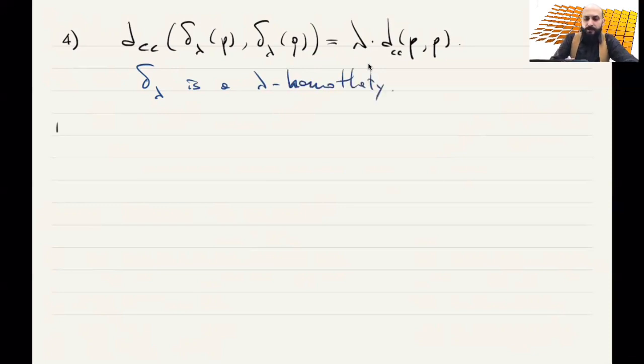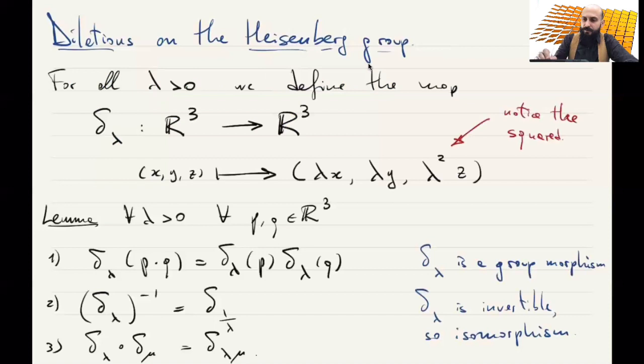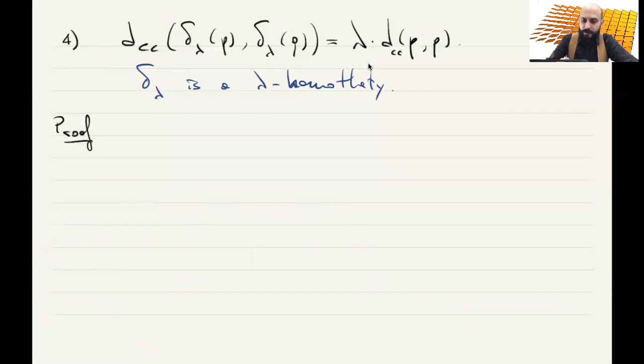Okay, all these properties are very simple. So let's prove them. These are very simple exercises, but maybe I'll still do them. So, the first one: delta lambda of p times q.